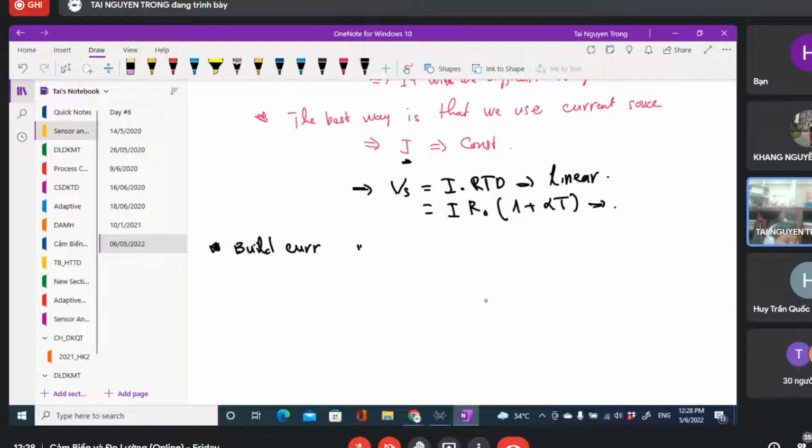Current source. And how can we make one? We can take a Google search.